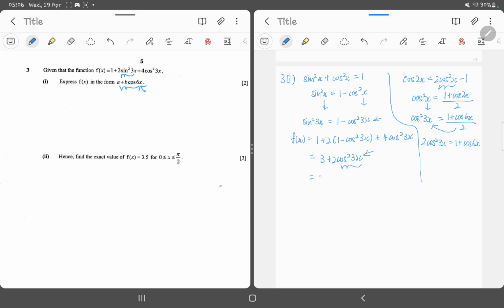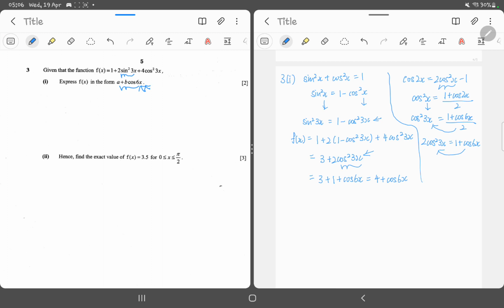So this means we have 3 plus, substituting this, 1 plus cosine 6x, which means this equals 4 plus cosine 6x. And yeah, we are done, which is in the form of a plus b cosine 6x.